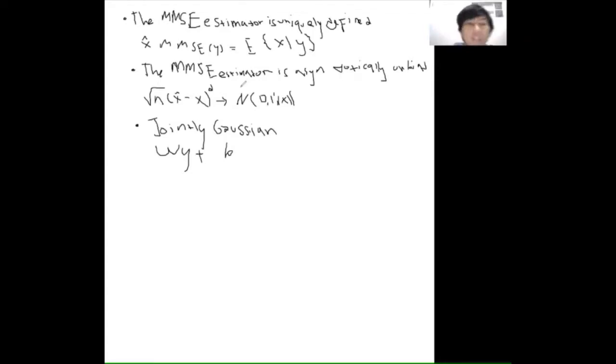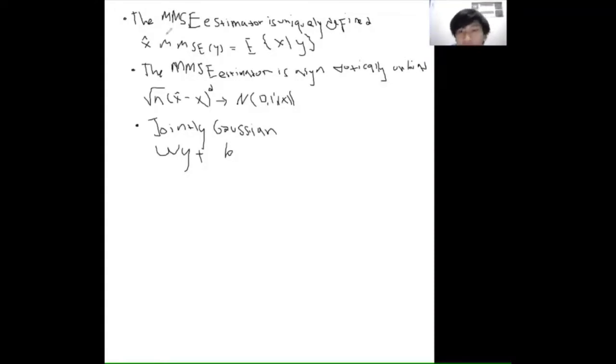Okay, hello, my name is Alif Putra Alikha, and today I'm going to explain that the MMSE estimator is uniquely defined, and it's given by the estimator x hat MMSE of y equals the expectation of x conditioned on y.